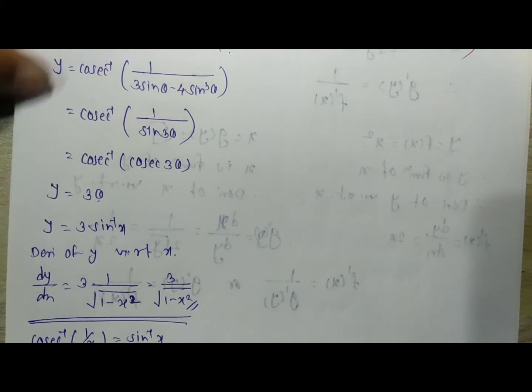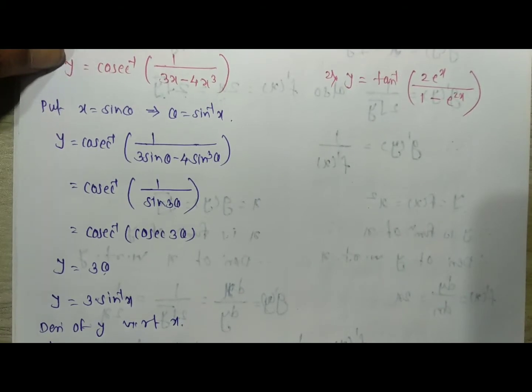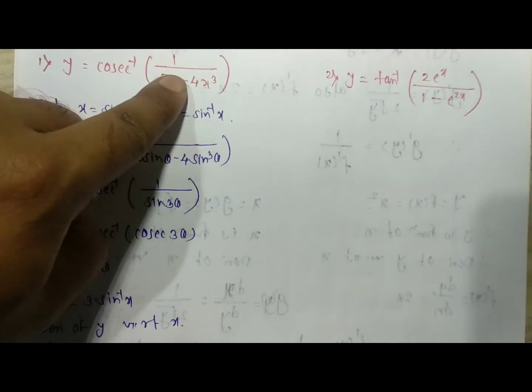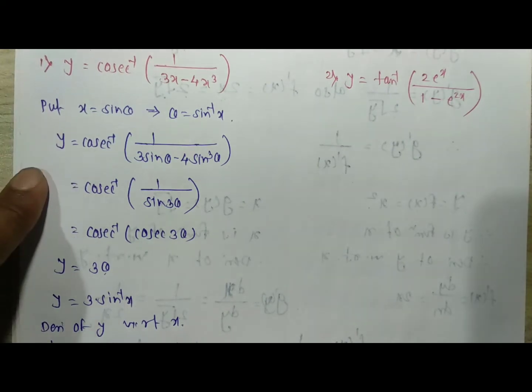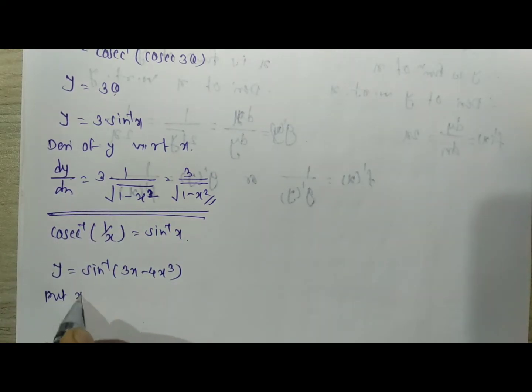Using this formula, y is equal to cosec inverse 1 divided by this expression, which is nothing but sine inverse of 3x minus 4x cube. Once again, put x is equal to sine theta, and it implies that theta is equal to sine inverse x.